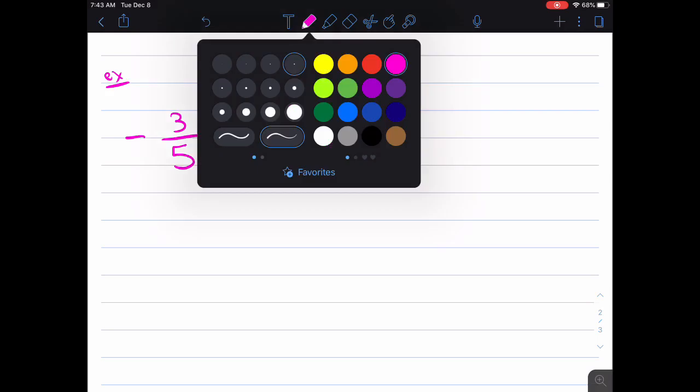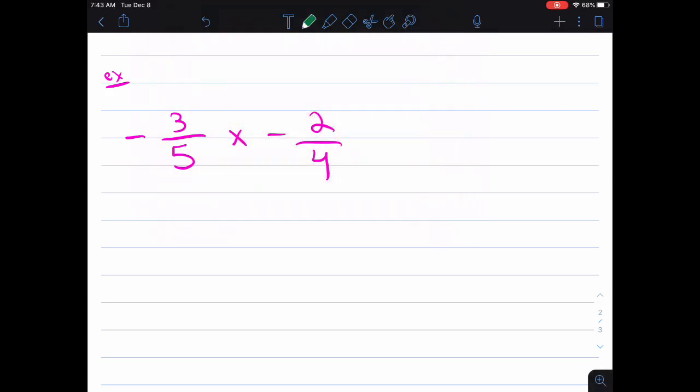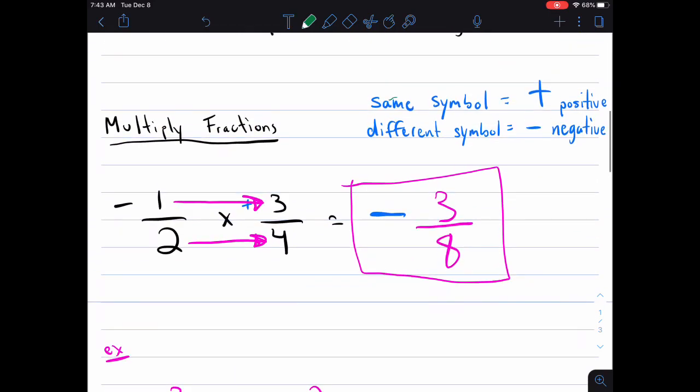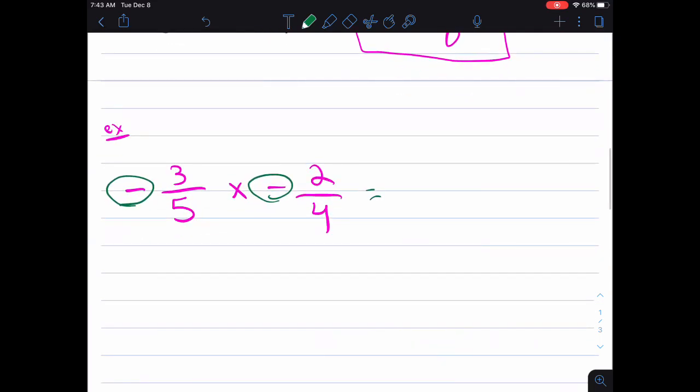Let's do another example. I have negative 3 over 5 times negative 2 over 4. So I have negative times negative. Remember, same symbols, mismos símbolos. They are positive, so this is positive.